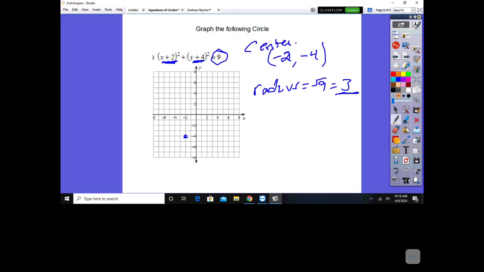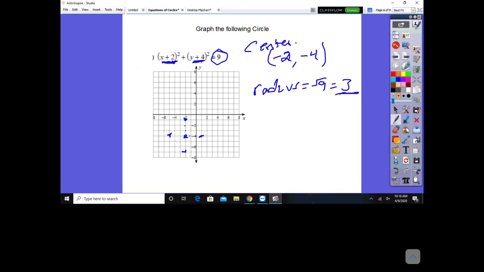So from there, I'm going to go over 1, 2, 3. I'm going to go up 1, 2, 3. One to the left, 3, and I'm going to go down 3.